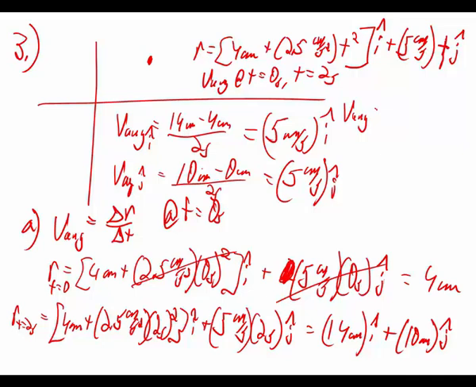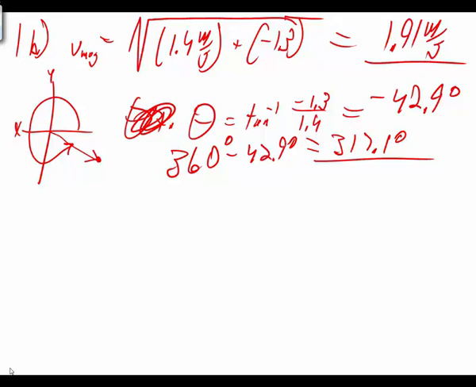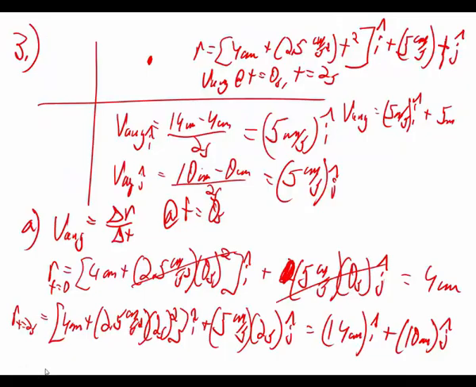Now this is component form. 5 centimeters per second I plus 5 centimeters per second J. All right, but now we're still not done.